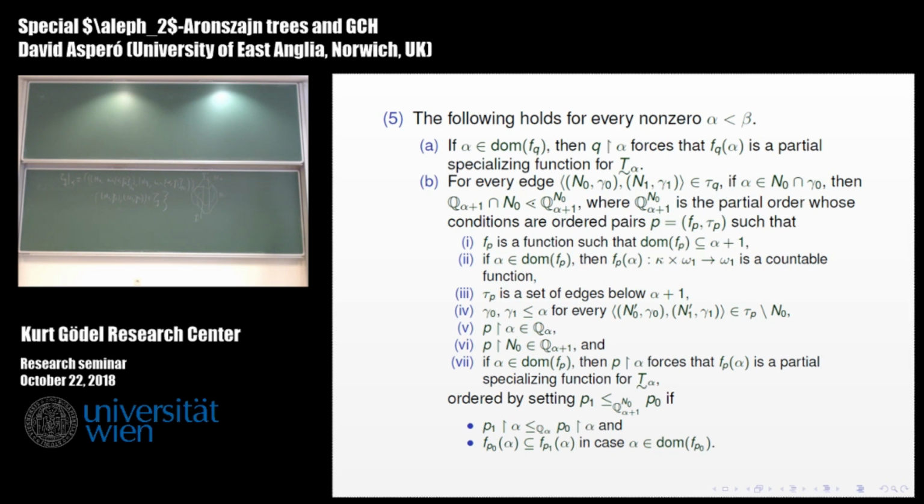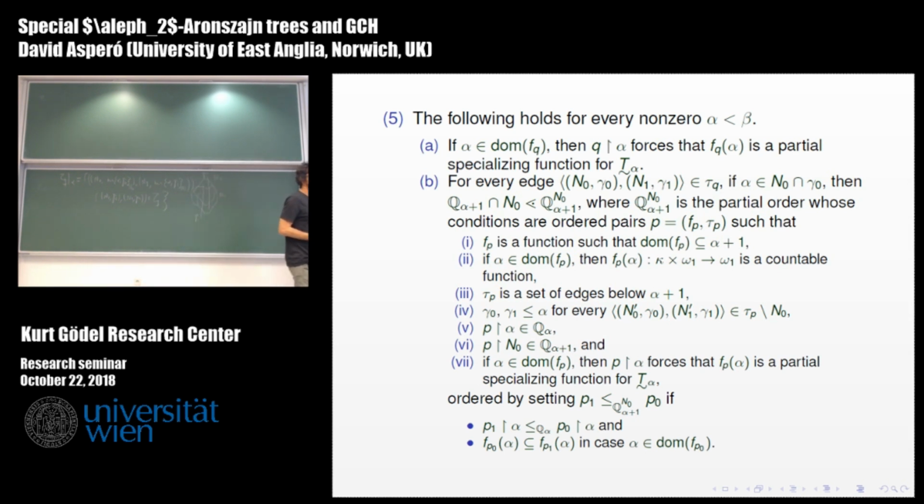Is it obvious that this is a complete suborder, or will this be true? This is a requirement. I can only put that edge if this happens to be a complete suborder. Oh, I see. It's part of the definition. Otherwise that wouldn't be a legal condition.